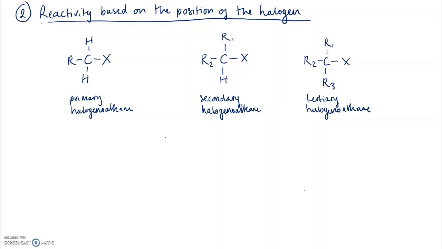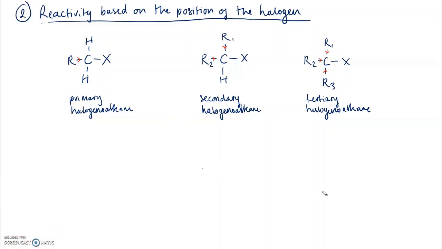Right, now, the thing that this causes variance on is the amount of inductive effect that these alkyl groups give towards the carbon in the carbon-halogen bond. So in a primary halogenoalkane, we have one inductive effect, whereas in a tertiary halogenoalkane, we have three inductive effects.